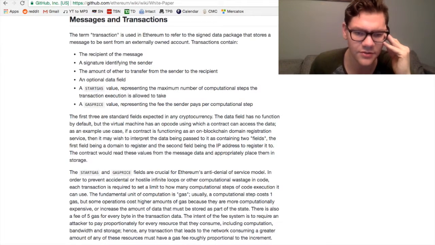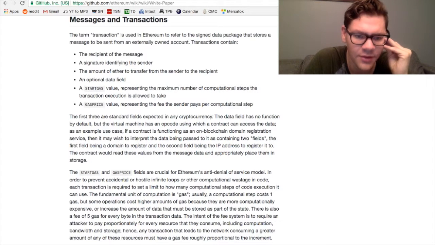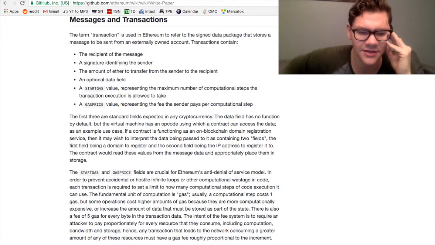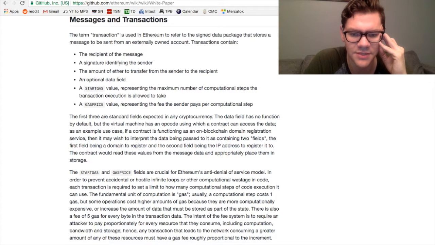The fundamental unit of computation is gas. Usually a computational step costs 1 gas, but some operations cost higher amounts of gas because they are more computationally expensive or increase the amount of data that must be stored as part of the state.